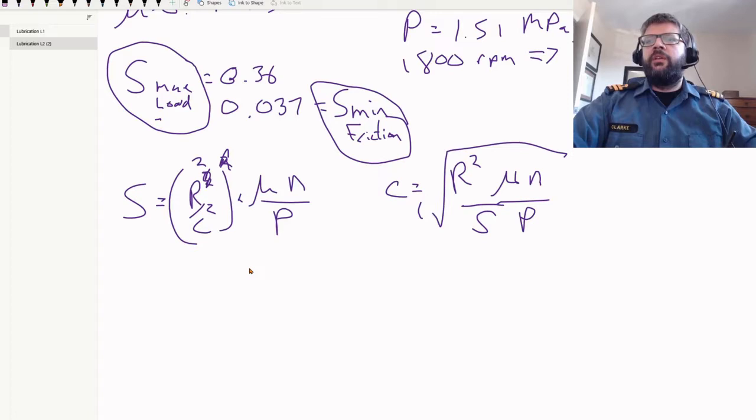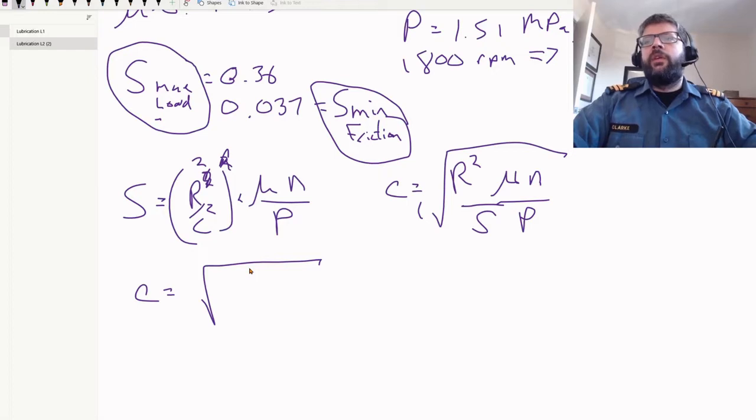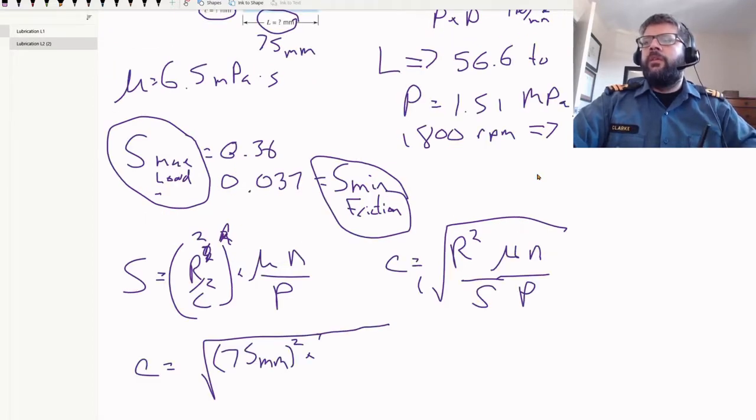Our C is going to be equal to the square root of, not diameter, radius, 75 millimeters squared times our viscosity, which is 6.5 times 10 to the negative 3.